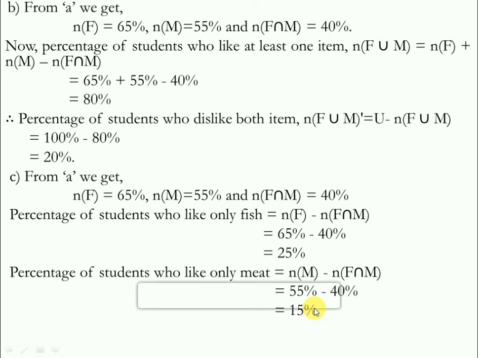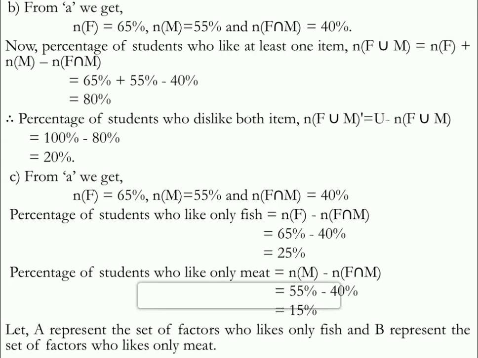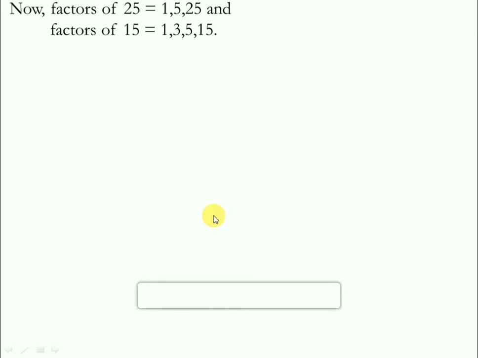Now we have to find the factors of 25 and 15 to complete our question. So let A represent the set of factors for those who like only fish, and B represent the set of factors for those who like only meat. That means A should be the factors of 25 and B should be the factors of 15. Factors of 25 are 1, 5 and 25, and factors of 15 are 1, 3, 5 and 15.